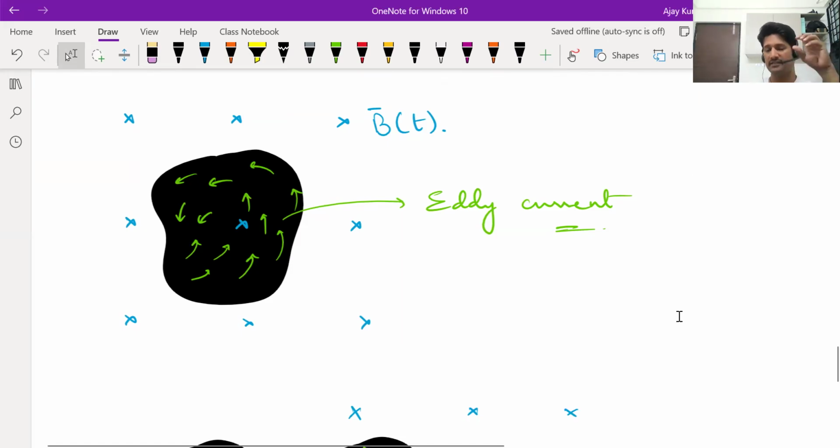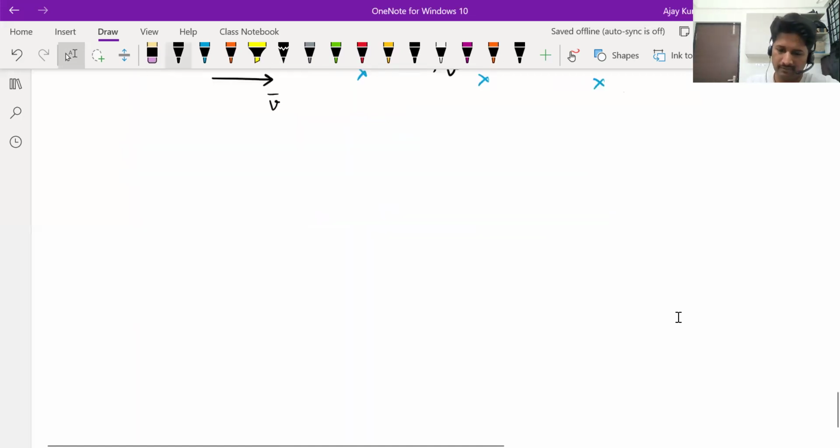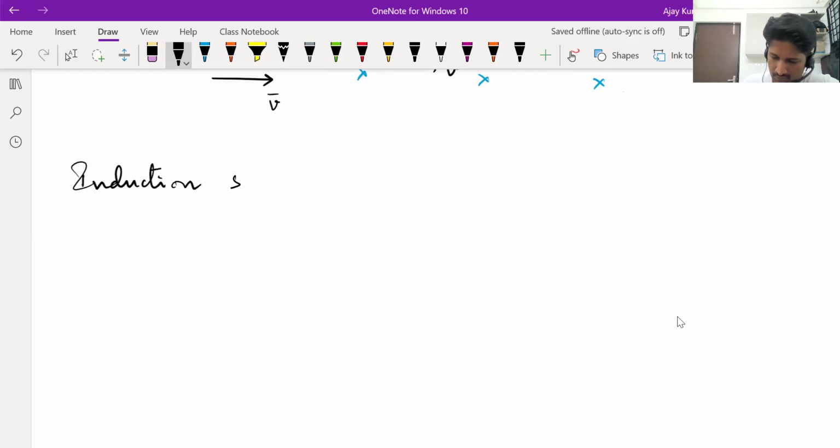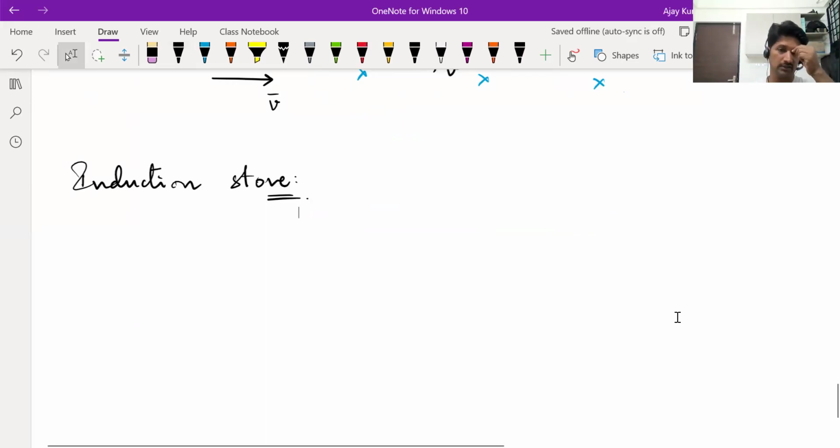This is the principle used in an induction stove. Do any of you know how an induction stove works? Have any of you used or seen induction stoves being used? Yes, sir.